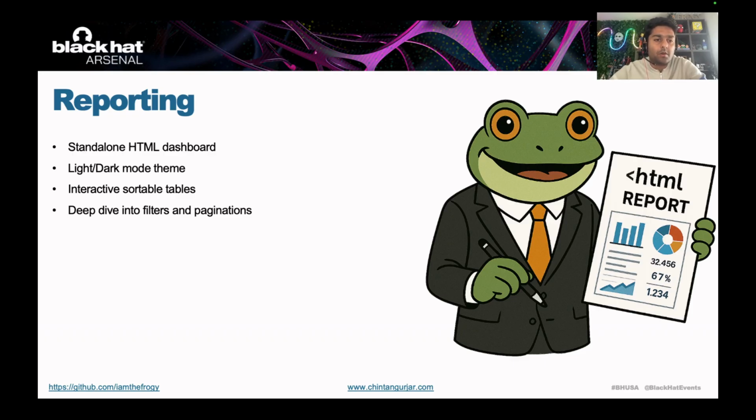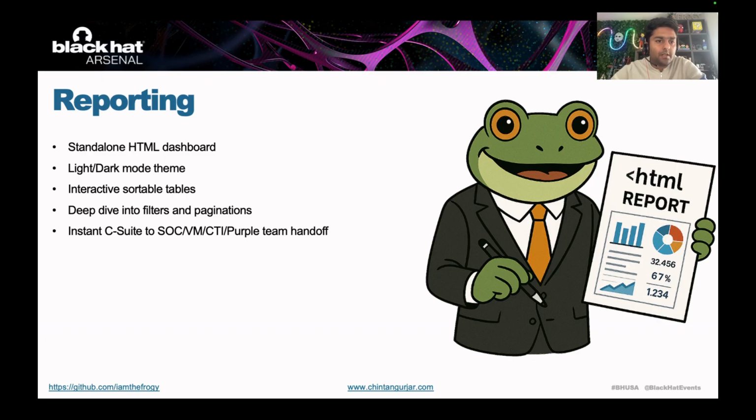Obviously, if you are running against a big target, then the number of pages would be more. Per page there are like 20-ish domain or asset entries, but if you have a big target, you can always go and increase the pagination. So instead of 20, if you would like to see 100 assets, you can select that.